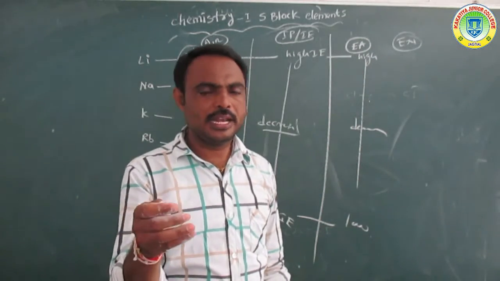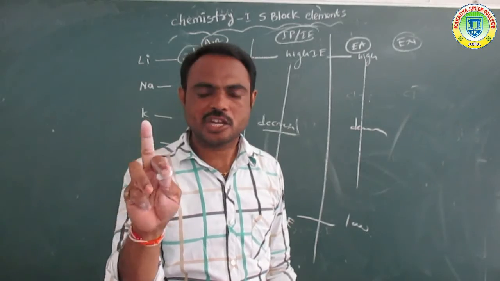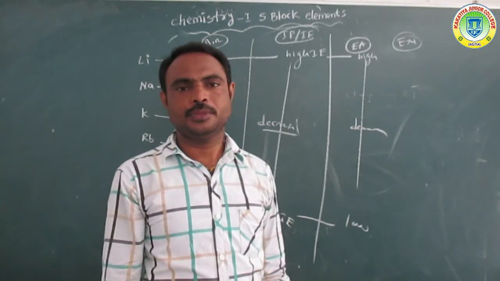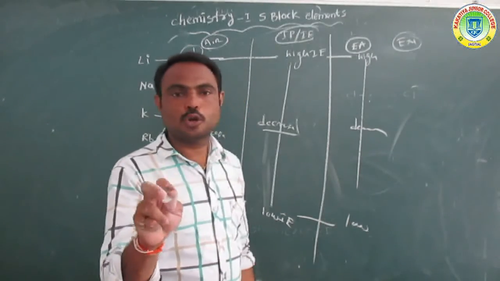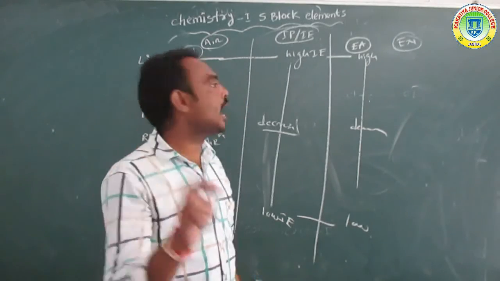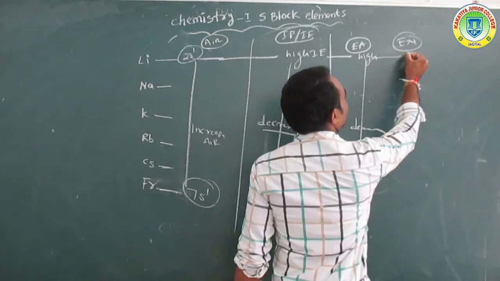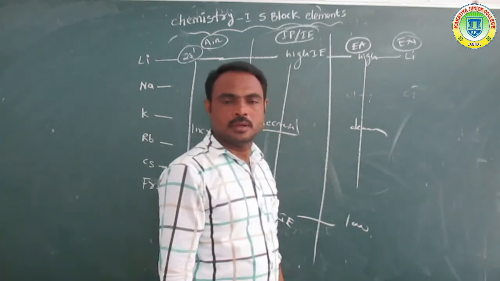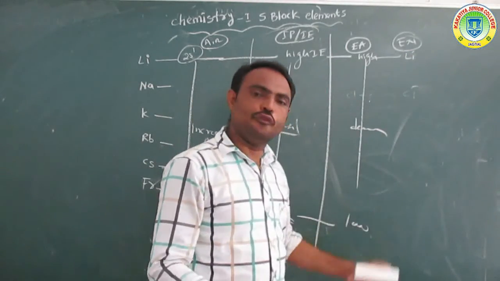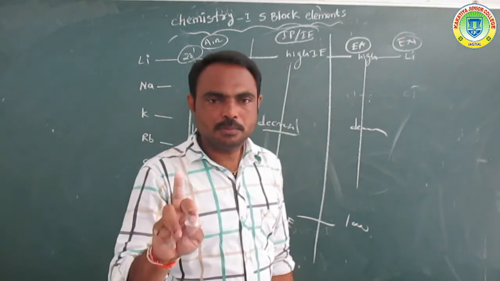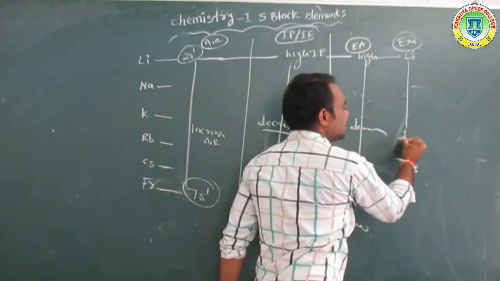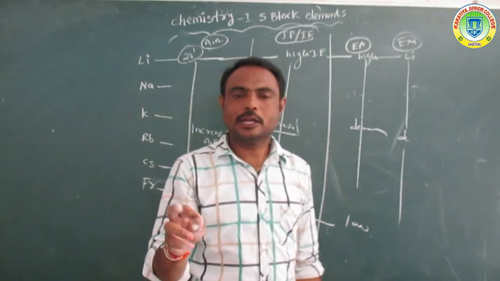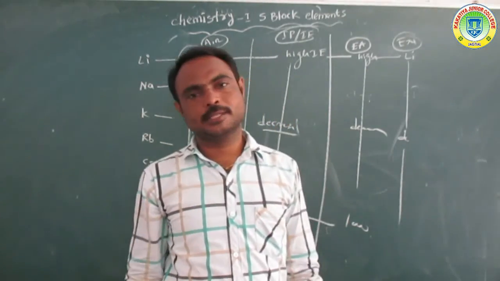So electronegativity has a very high value for lithium, very low value for francium. From top to bottom in this group, the electronegativity values decrease.